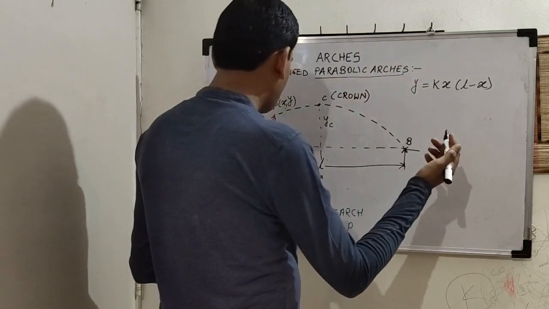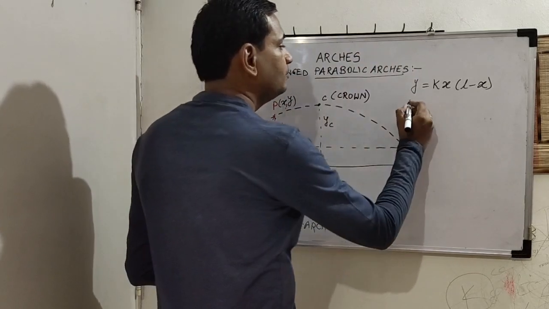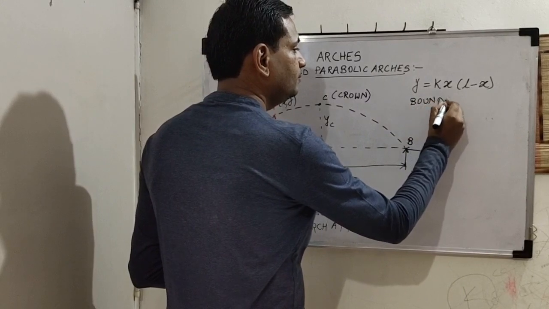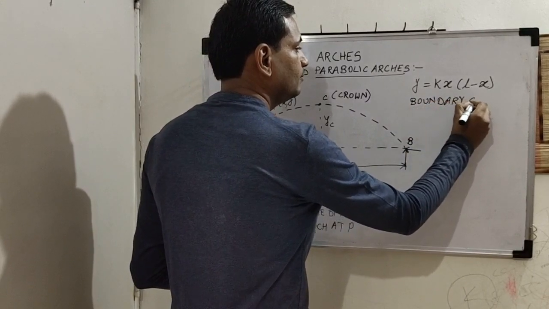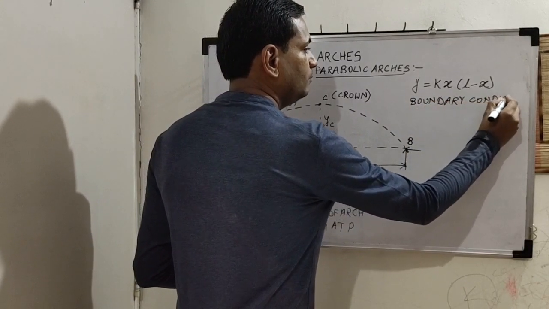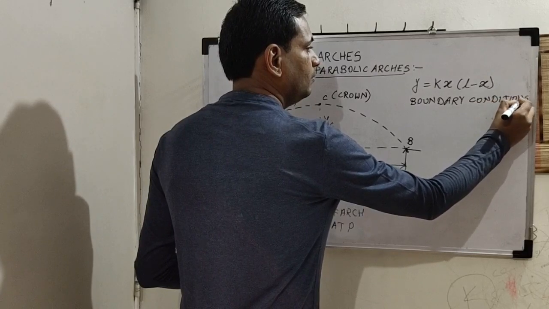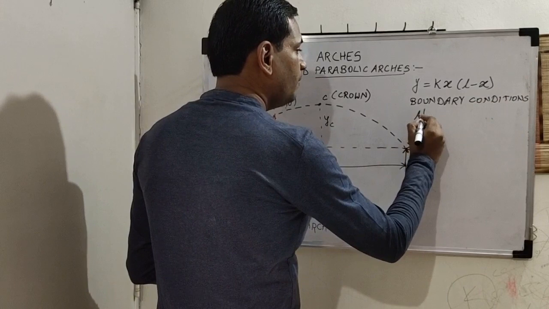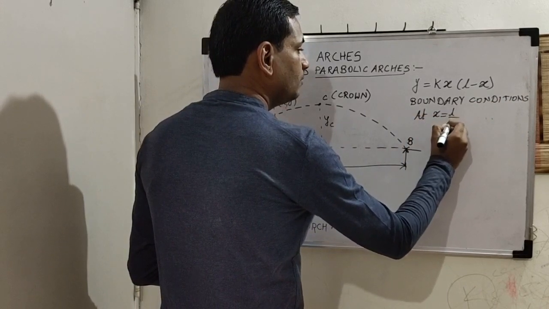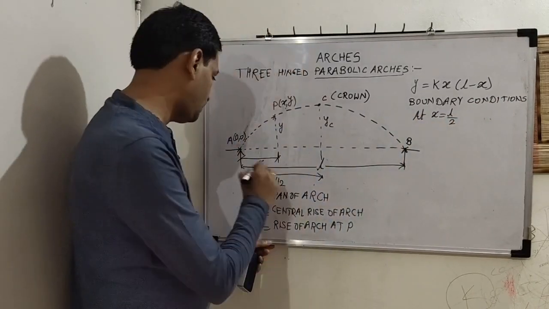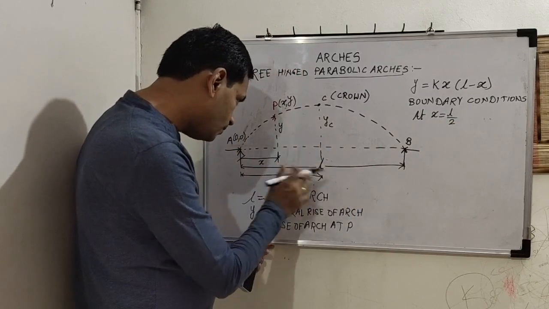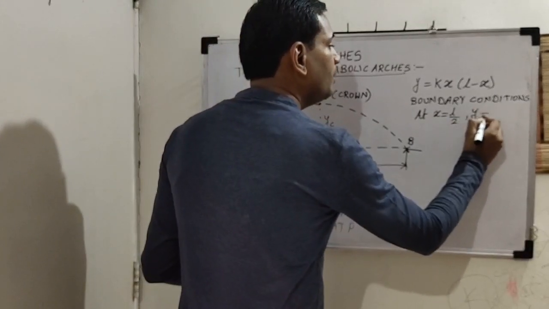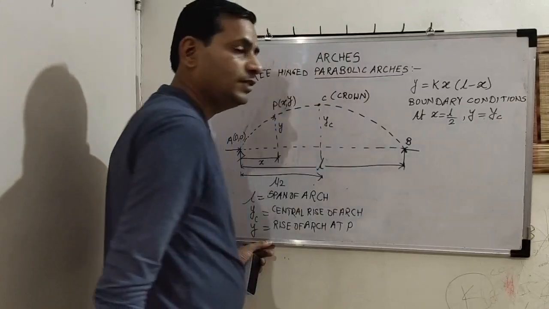So we have some boundary conditions. What are those boundary conditions? At x is equal to L by 2, we have y coordinate as yc, correct?